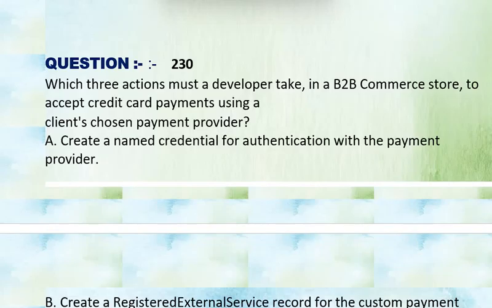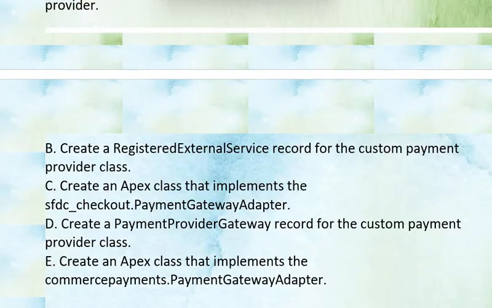Question is, which three actions must a developer take in B2B commerce store to accept credit card payments using a client's chosen payment provider? Option A, create a named credential for authentication with the payment provider. Option B, create a registered external service record for the custom payment provider class.